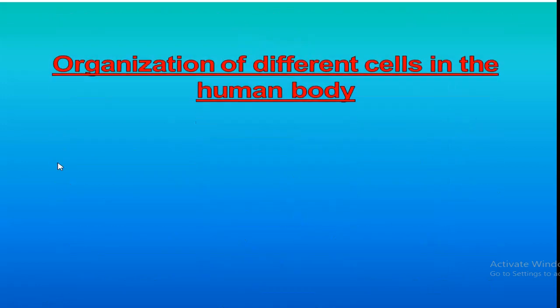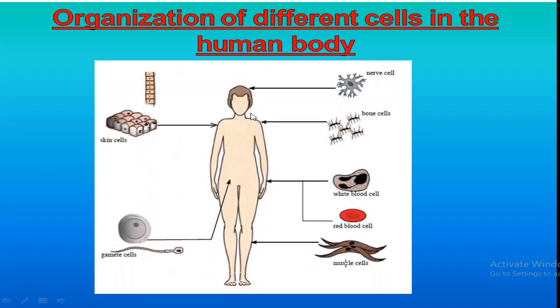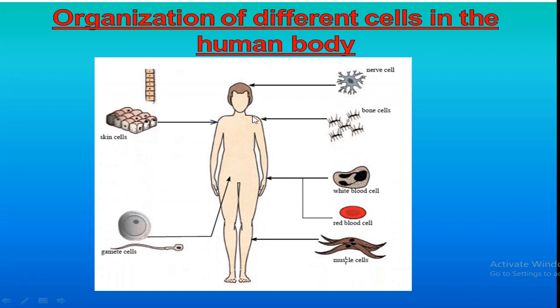Then we will learn about organization of different cells in the human body. This is the structure of the human body. Those are the different parts of the human body. Here we have skin cells, the brain contains nervous cells, bone cells, white blood cells, red blood cells, muscle cells, gamete cells.